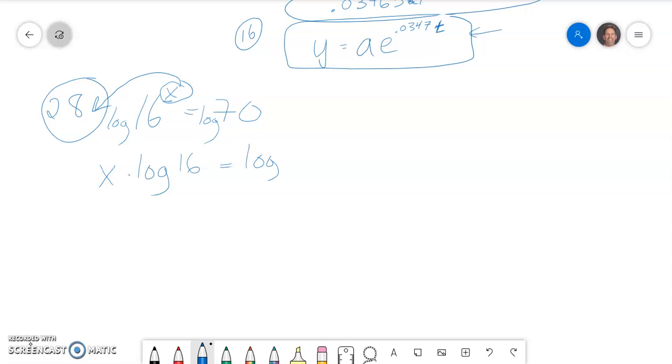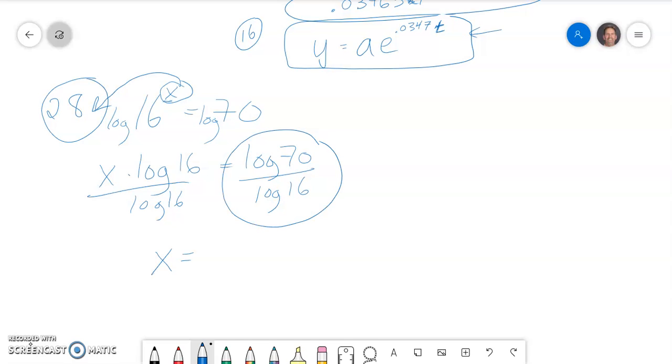And you would get this, and then you have one last step. That is to divide by the log of 16 on both sides. And again, this is all done on a calculator, so you can use that log button on your calculator, and you would get 1.5323.